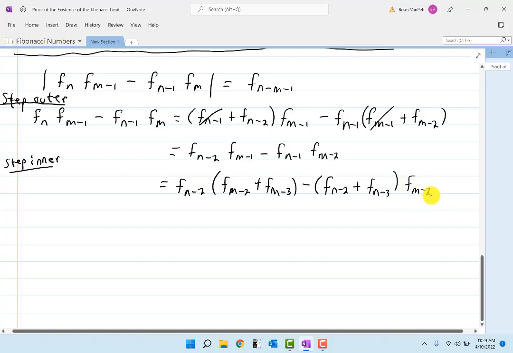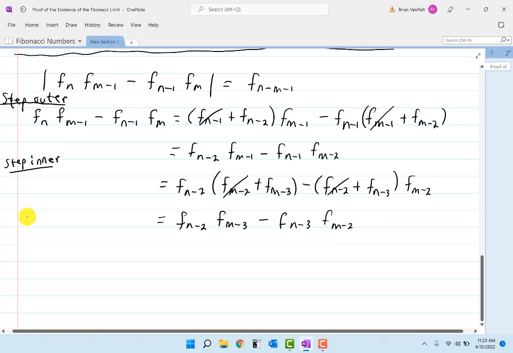Now here we're going to cancel again. See the f of n minus 2 and the f of m minus 2? There it is again, so I'm going to get rid of those. And I have f of n minus 2, f of m minus 3, minus f of n minus 3 times f of m minus 2.